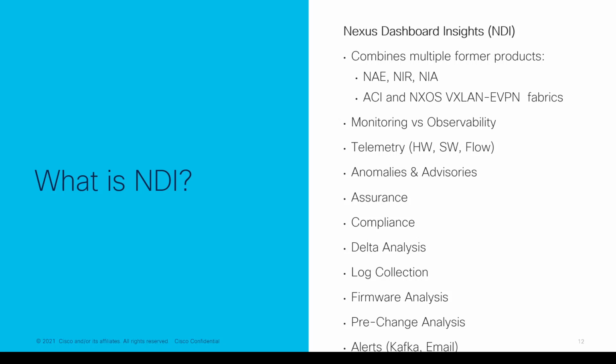So next, NDI essentially uses AI and ML to learn the typical behavior of your network. It comes to understand over time what normal as a state looks like for your network. And then any deviation from normal is flagged as an anomaly to the administrator so that he or she can investigate it.